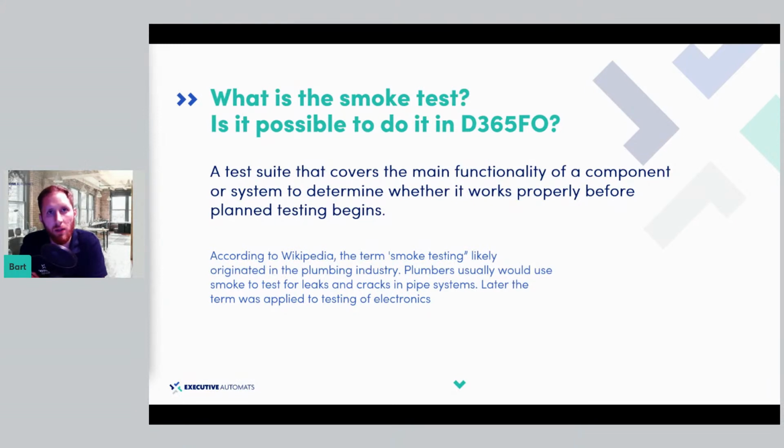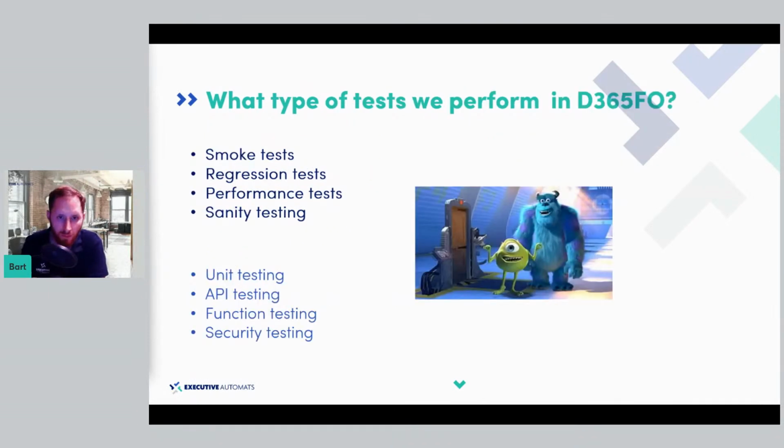If you think about how you are placing the smoke test, or what the types of tests in Finance and Operations are, you can define a lot of them. You can simply define tens or practically hundreds of different types of tests, and say that you are running them on Finance and Operations to gain some value.